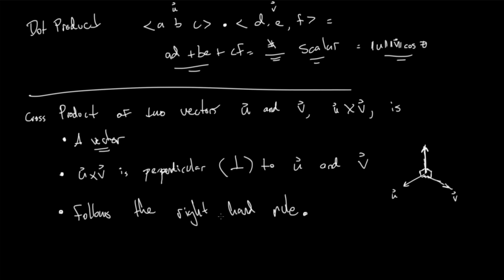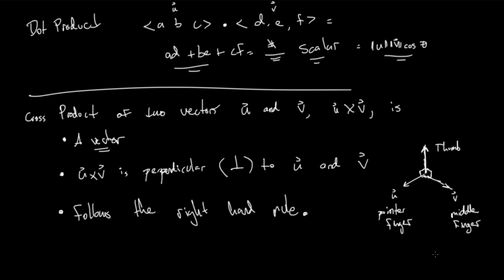What I mean by the right-hand rule is if you take the first vector and you point your pointer finger in the direction of it, and then you take your middle finger and you point your middle finger in the direction of the second vector, your thumb is going to point in the correct direction for the cross product.